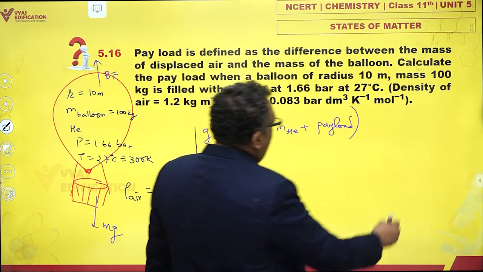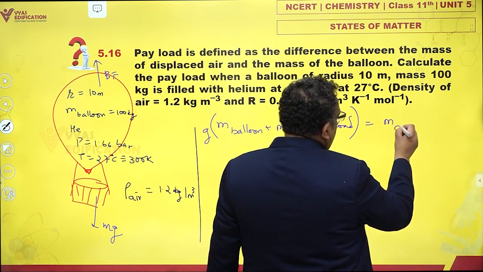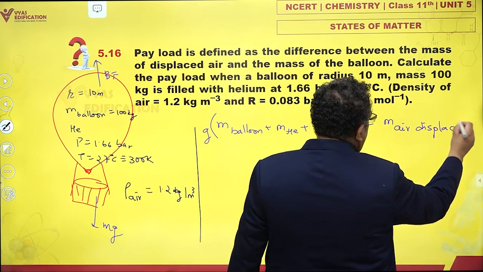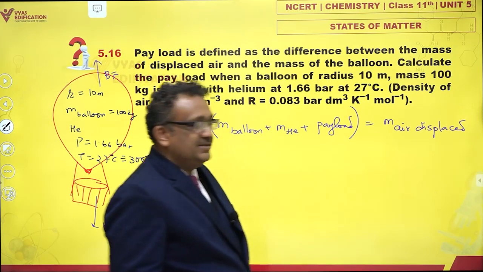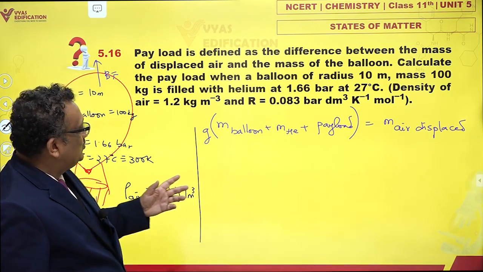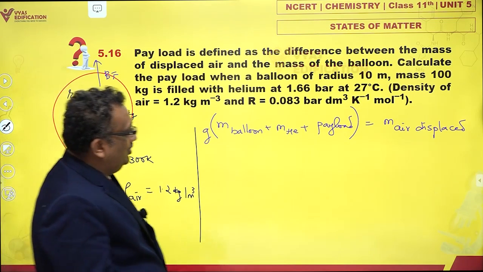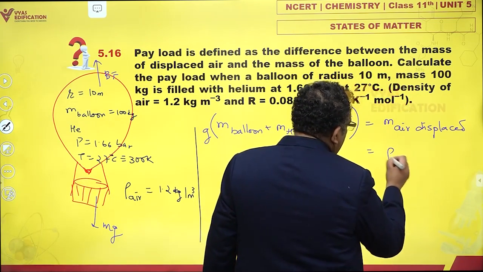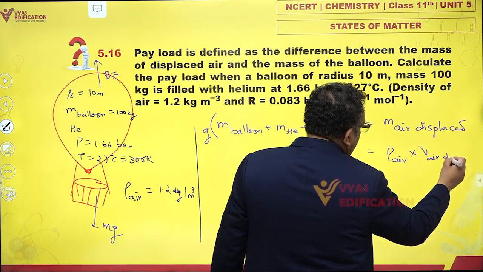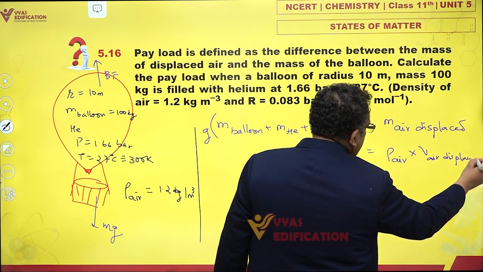So this is equal to mass of air displaced. All this must be equal to this, right? And mass of air displaced must be equal to density of air into volume of air displaced.